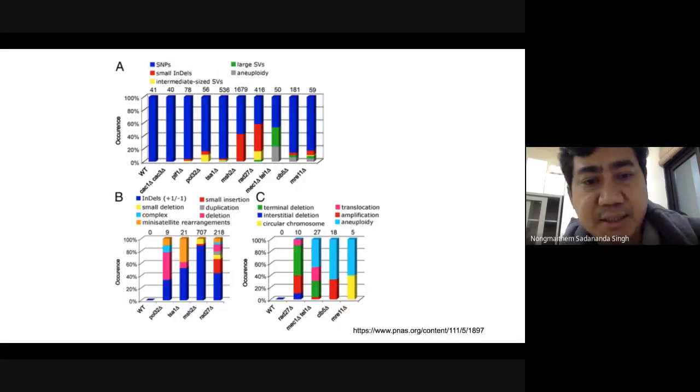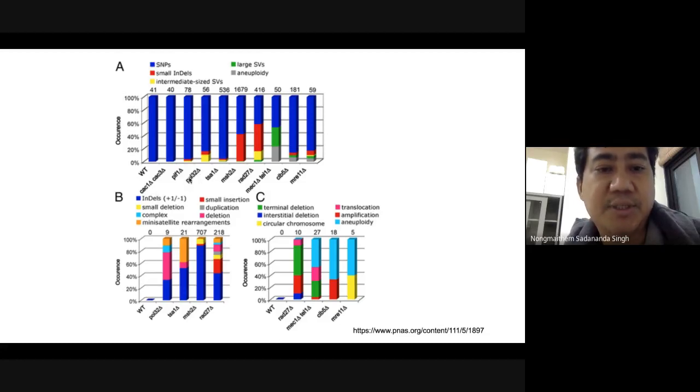This has been seen in the case of eukaryotes as well. This example comes from the study with cerevisiae. So what the people have done is they have looked into the mutants which are involved in, suppose, DNA polymerase, Pol3 mutation, MSH.